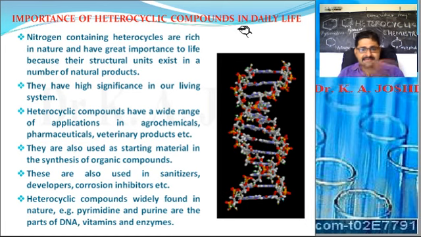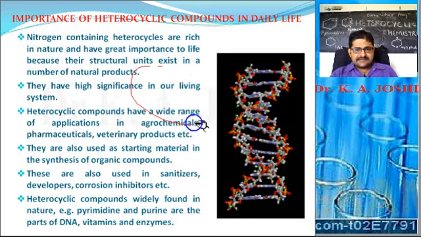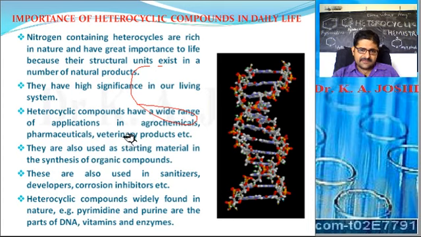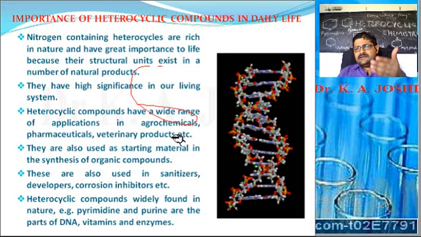They have high significance in our system. Heterocyclic compounds also have a wide range of applications in agrochemicals, pharmaceuticals, and veterinary products, particularly agrochemicals, in fertilizers. In pharmaceuticals, most heterocyclics are used as active pharmaceutical ingredients, or APIs.